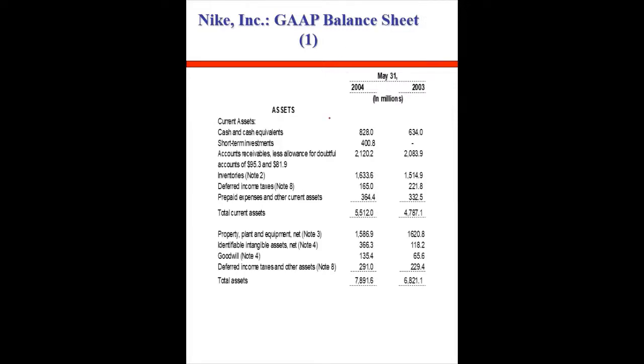Say cash and cash equivalent. I mean, for the Nike company, we have been presented the balance sheet, which is prepared based on the GAAP standard, and we do not know the details, but we can identify some components.